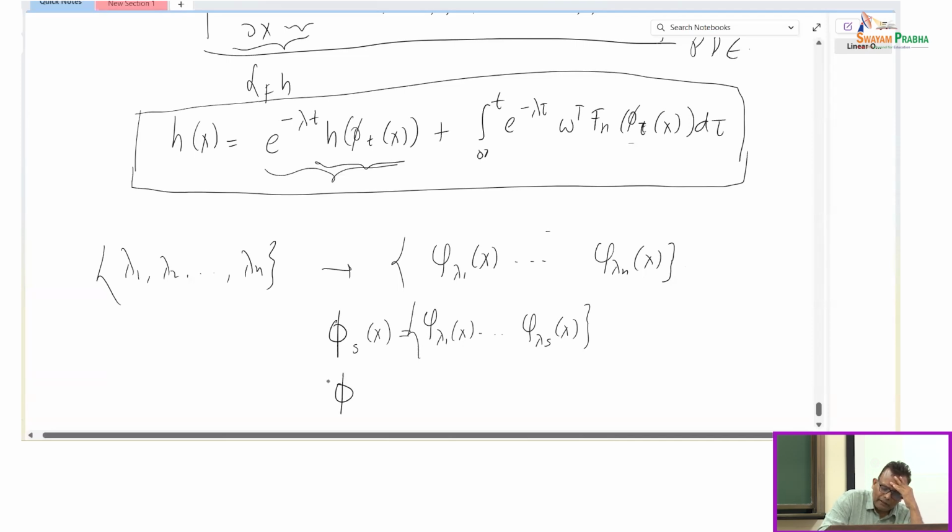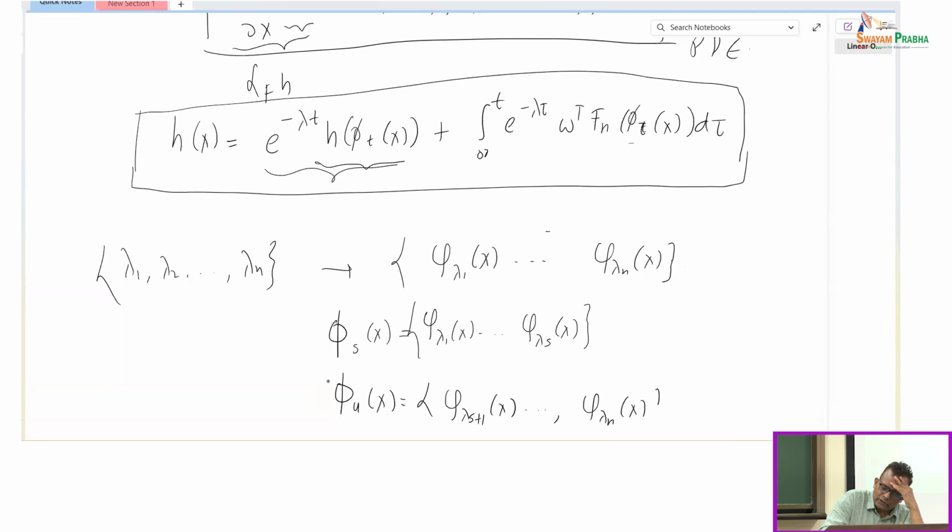And then the eigenfunctions corresponding to eigenvalues with positive real part start with psi lambda s plus 1 of x to psi lambda n of x. So the first s are the eigenfunctions corresponding to eigenvalues with negative real part, and the remaining ones correspond to eigenvalues with positive real part.